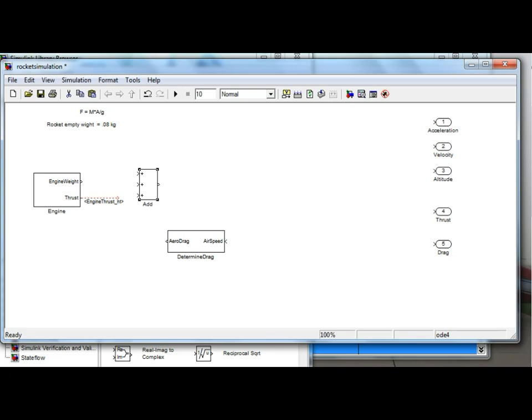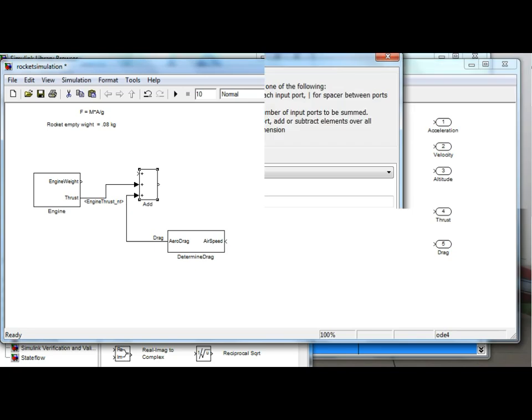One of them I have directly is the engine thrust. I'll put that in the middle. In newtons, a positive thrust will cause the rocket to accelerate upwards, so that's good. I'll connect my drag to this one, and you can see it picked up the name from underneath. Now, a positive drag, when the velocity is positive, we get a positive number for drag. We need to subtract that.